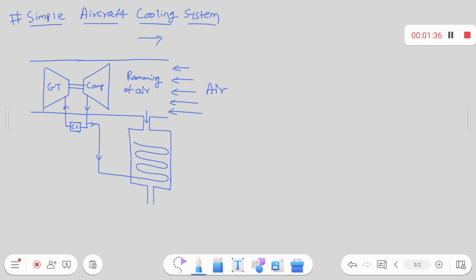You can see here. In this heat exchanger, the air is cooled by the ram air. Though the rammed air is compressed, its temperature is comparatively lower than that of the compressed air. So that rammed air can be used as a coolant in the heat exchanger, right? So this is your heat exchanger.